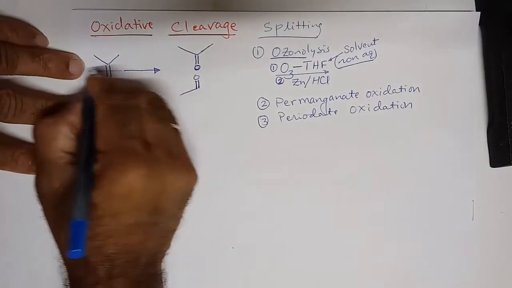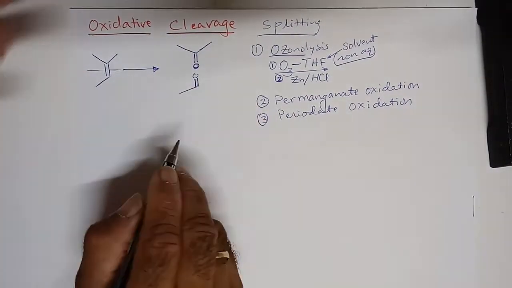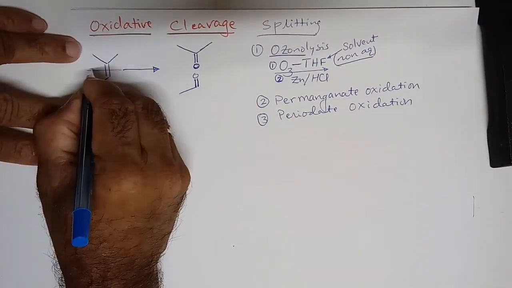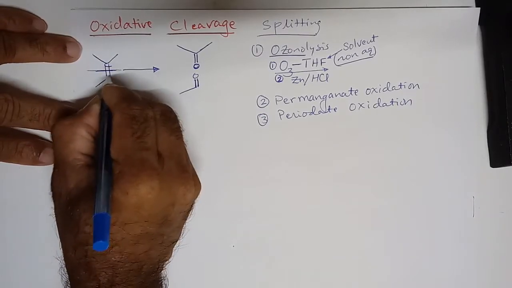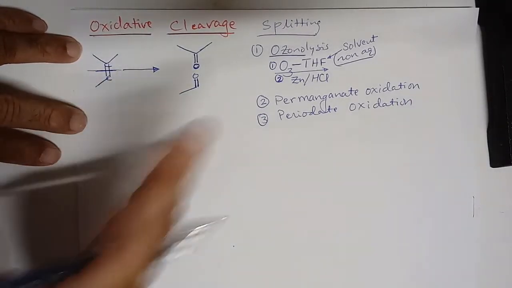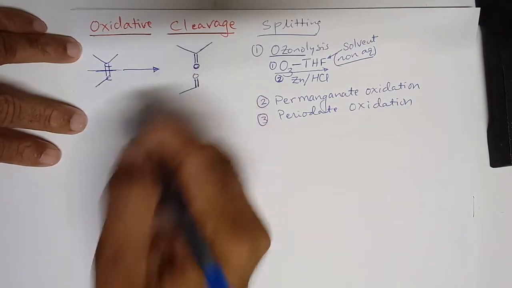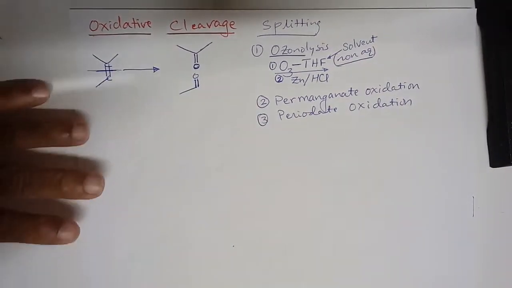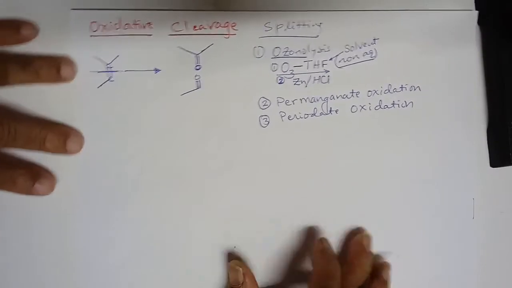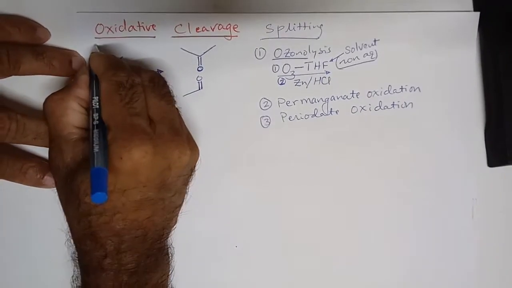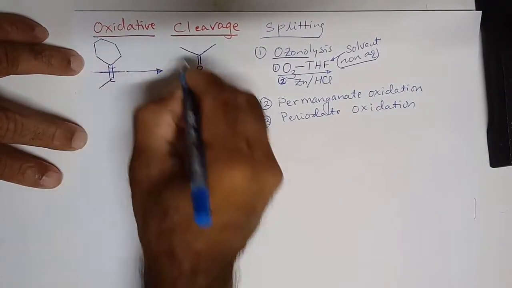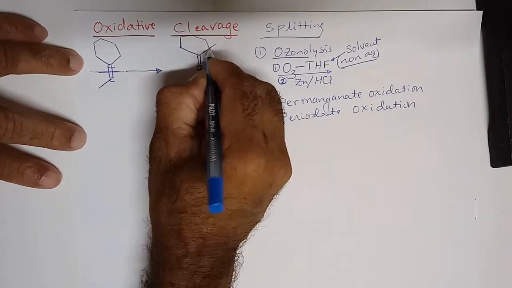All these three end up splitting, but not exactly like this. But the theme is still that a carbon-carbon bond is split right on a pi bond. None of the other carbons are getting cleaved. In other words, if there is a ring like this, the ring stays intact.